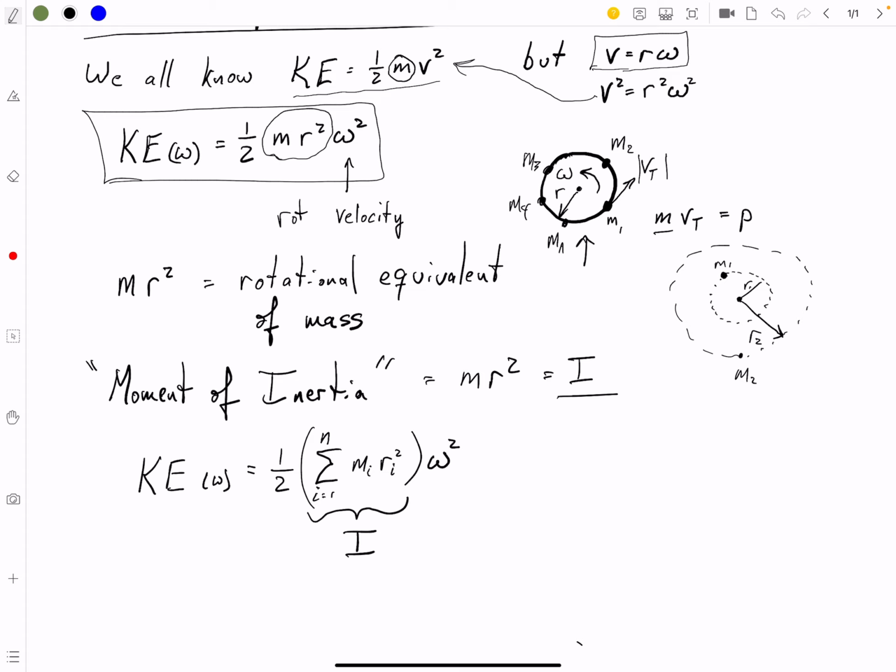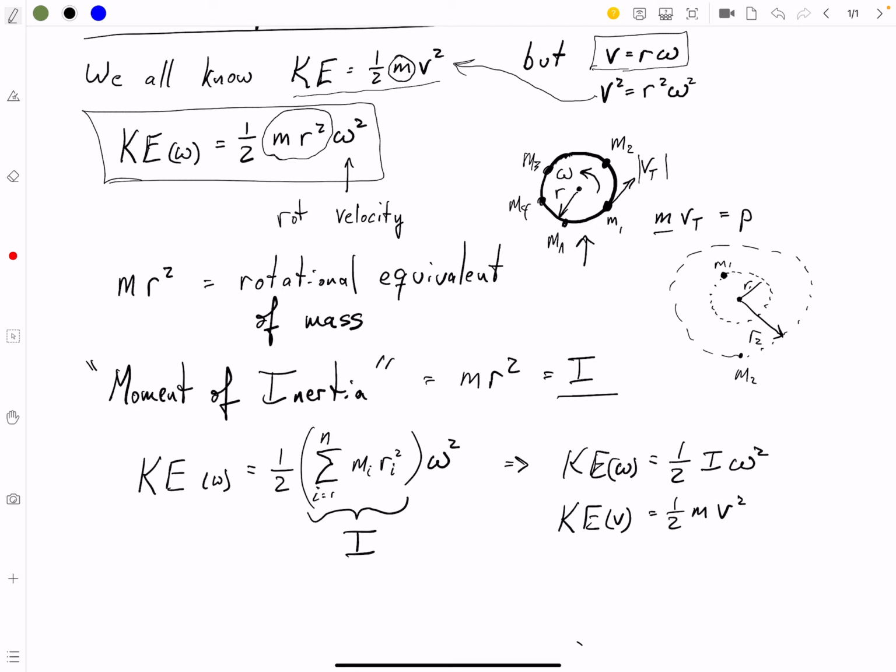So what does that mean? We can then say our kinetic energy is really equal to 1/2 I omega squared. And this is the analogous equation to our linear kinetic energy, which is 1/2 mv squared.